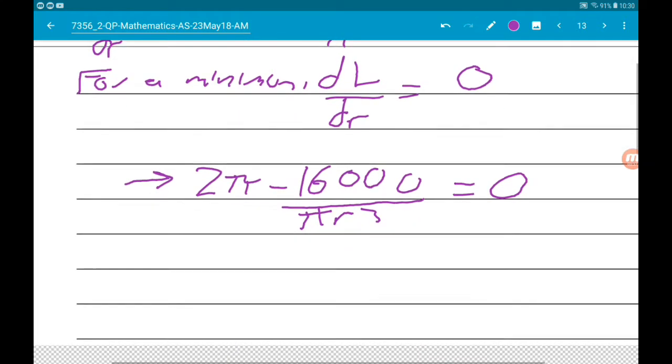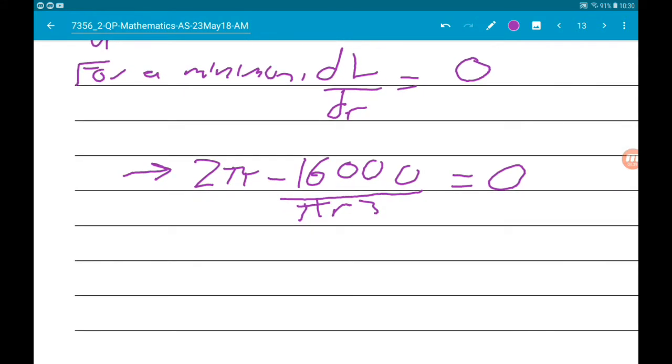Now, if we multiply through by pi r cubed, then we're going to get 2 pi squared r cubed minus 16,000 is equal to 0.